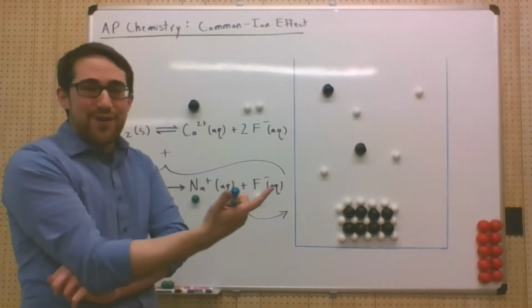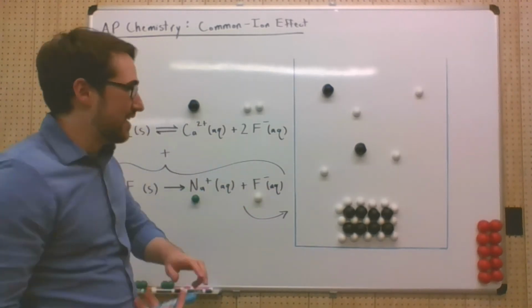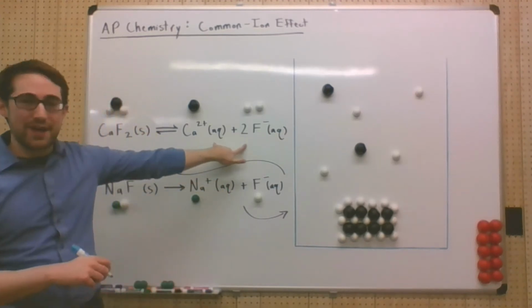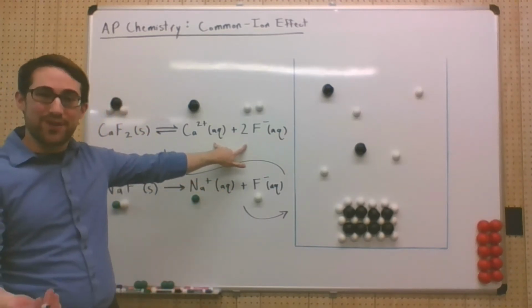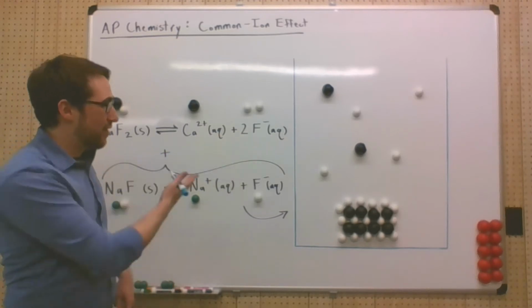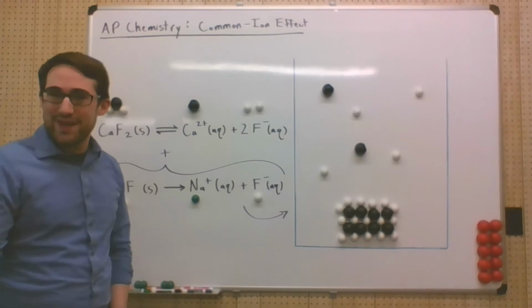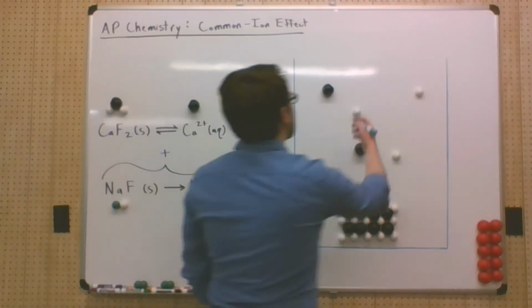Okay? And we can write out a KSP for this. So if I have only aqueous products showing up, my equilibrium constant is only going to show those things. That's what makes the KSP kind of a little bit simpler than a usual equilibrium constant.